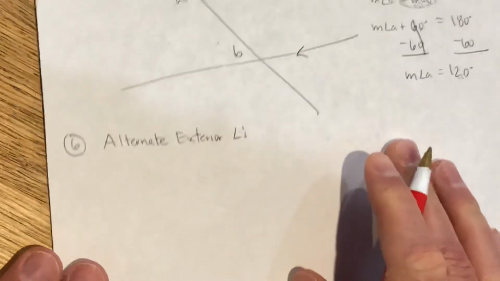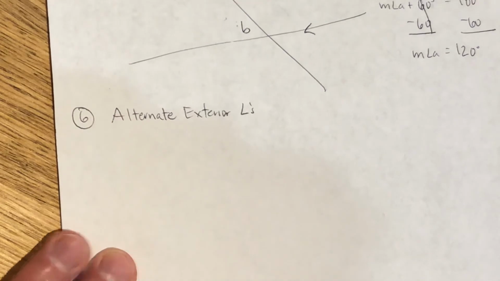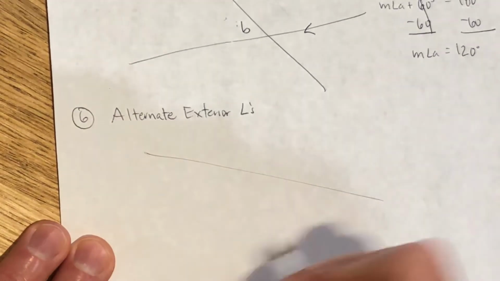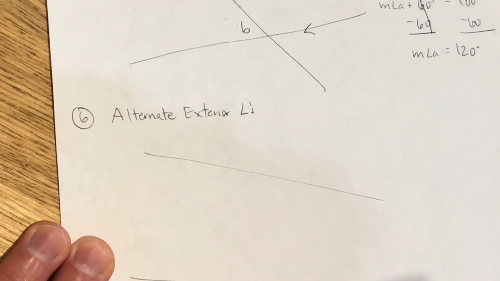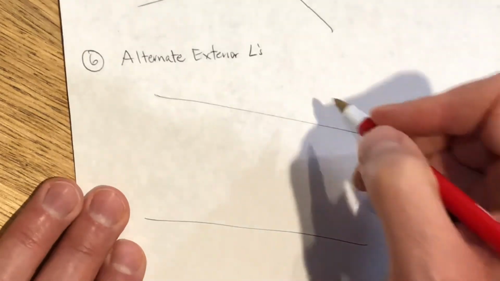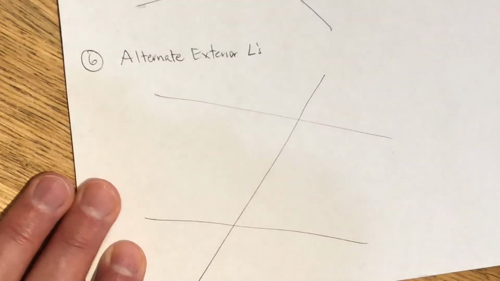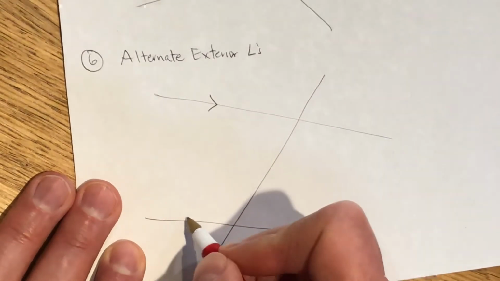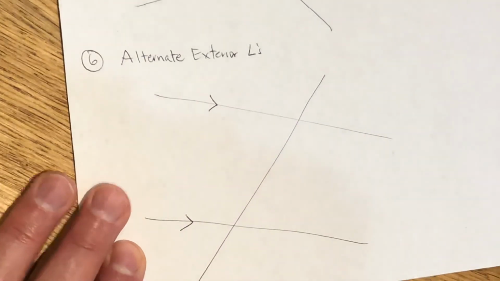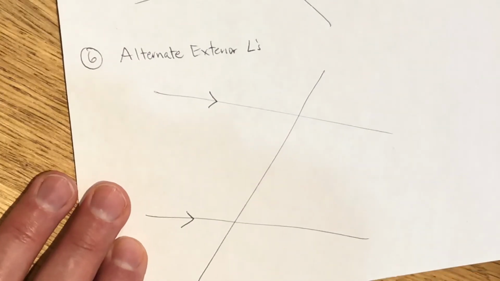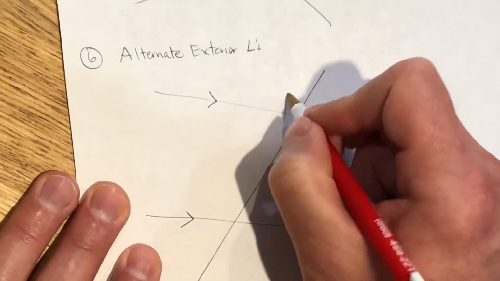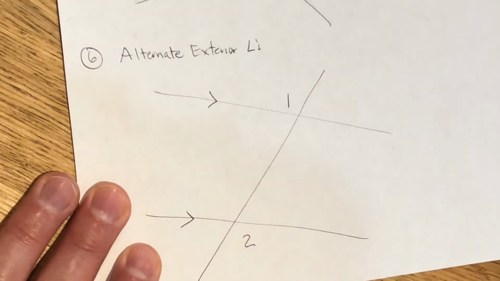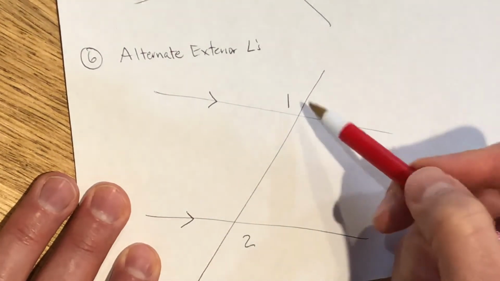Okay, last angle pair we're going to talk about, alternate exterior. Again, we'll stick with the same diagram of two line segments or rays that are intersected by a transversal, and let's say that these two intersected segments are parallel to each other. Building off of what we've done up above, if we have angle 1 and angle 2, notice they're on opposite or alternate sides of the transversal.